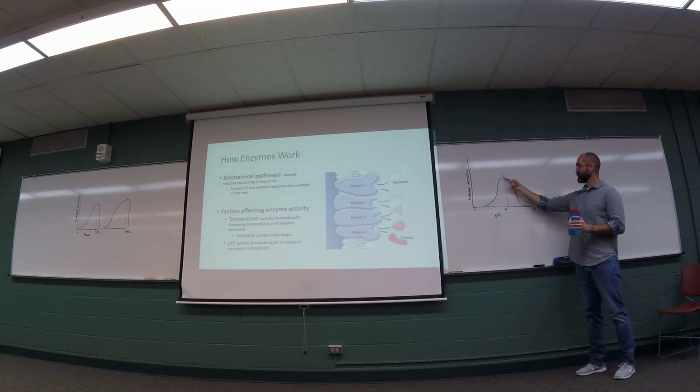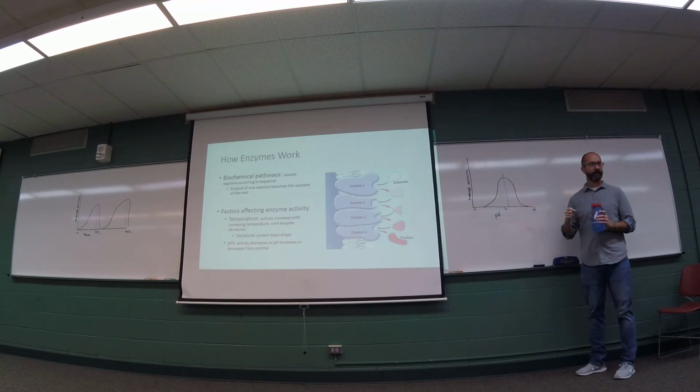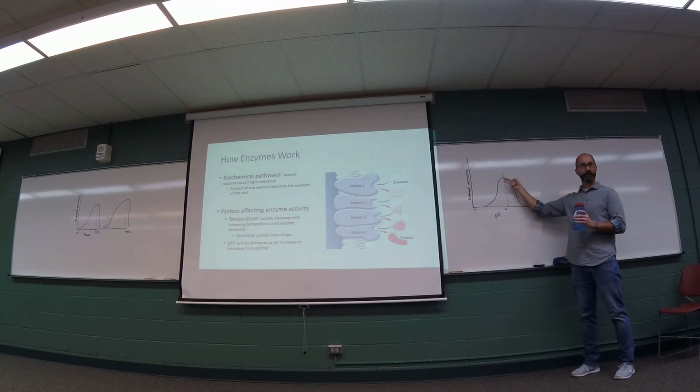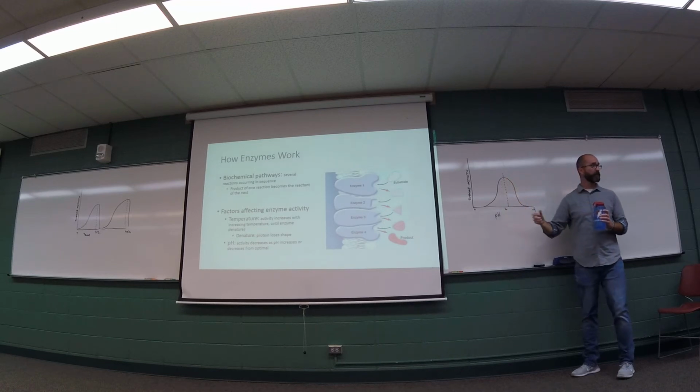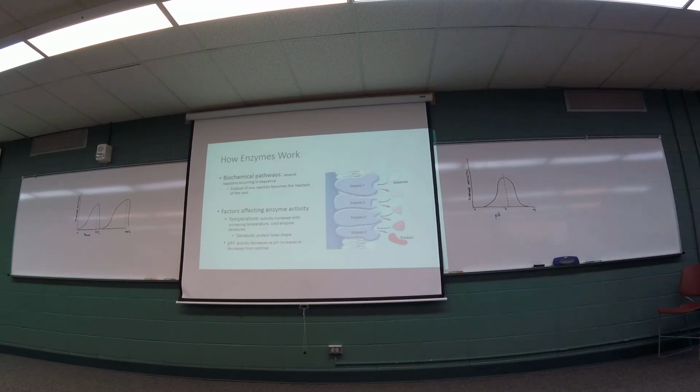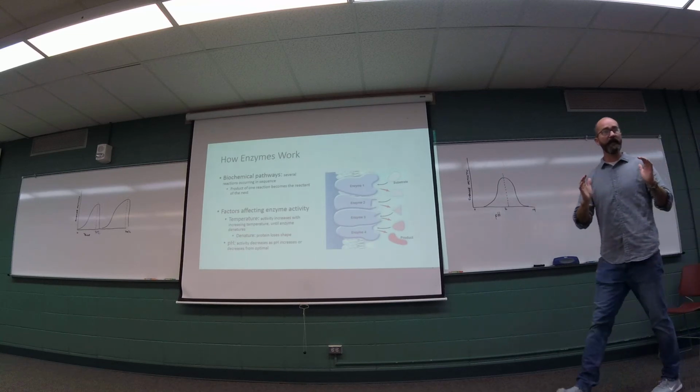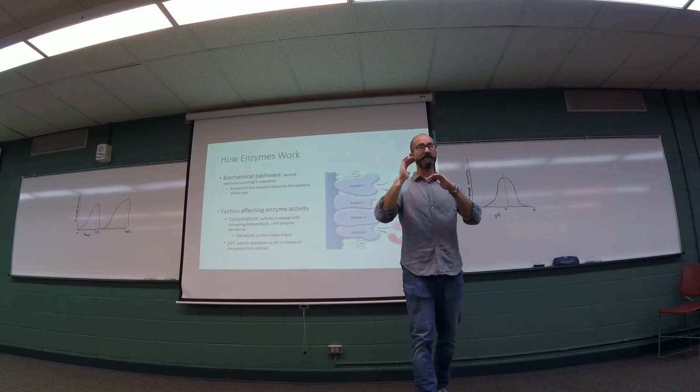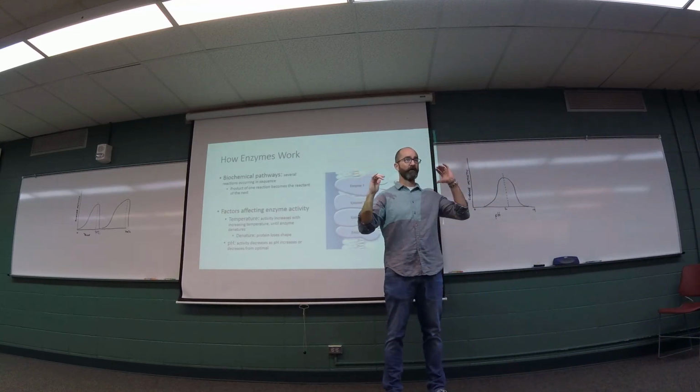So what you're saying is, as we go past 7, as we're diverging from this optimal point, enzyme activity decreases, right? That's just totally true. What happens as we become more acidic? It decreases as well. So as opposed to temperature, pH has a symmetrical effect. It doesn't matter if it's becoming more acidic or more basic or more alkaline.